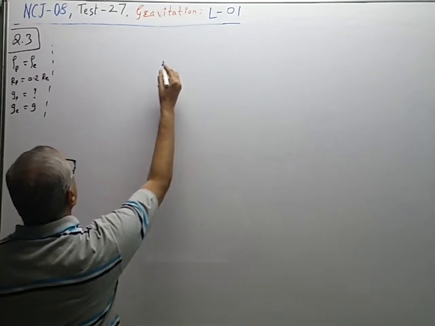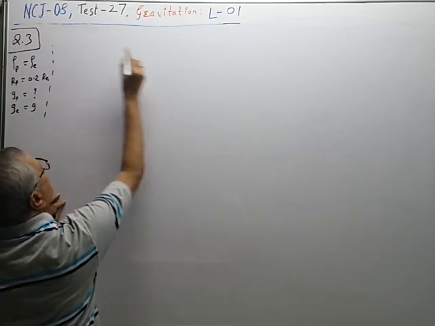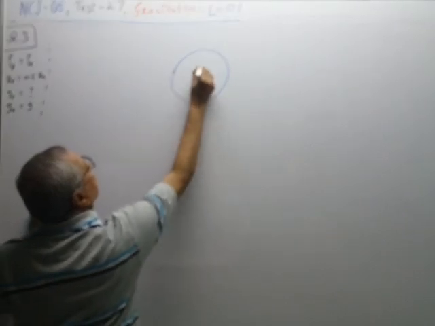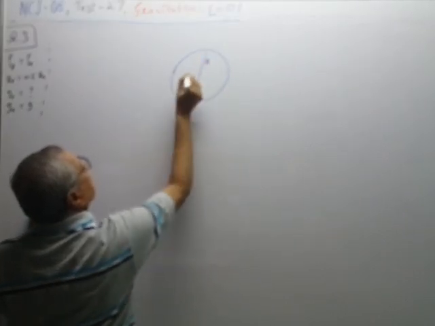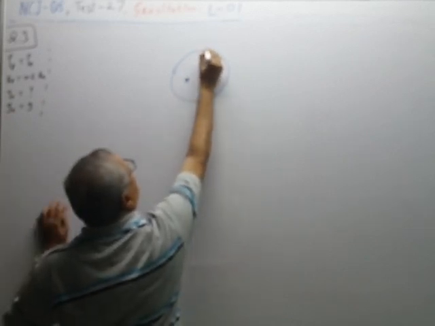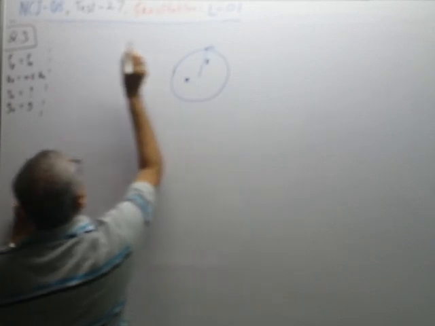So again you can consider this: a planet of radius r and mass m. This is the body of mass m.